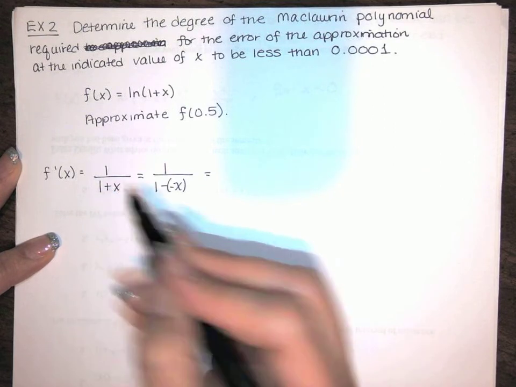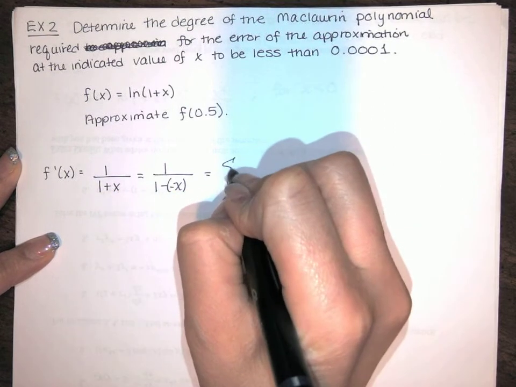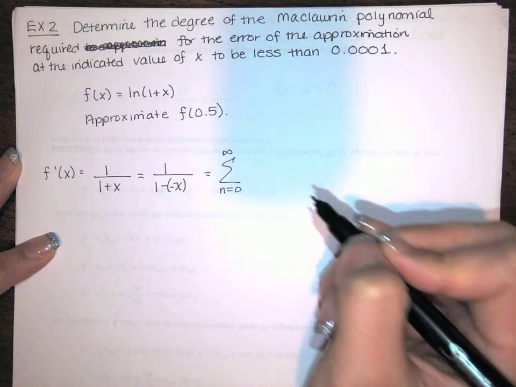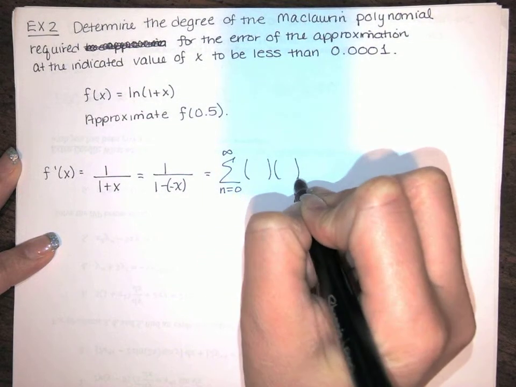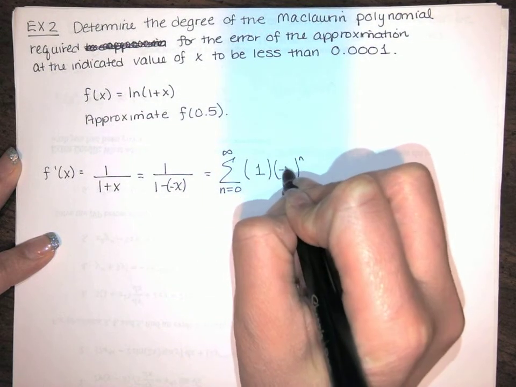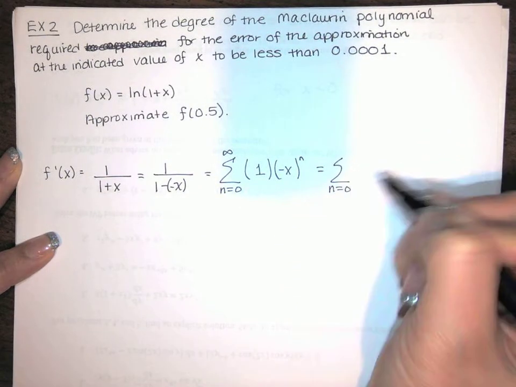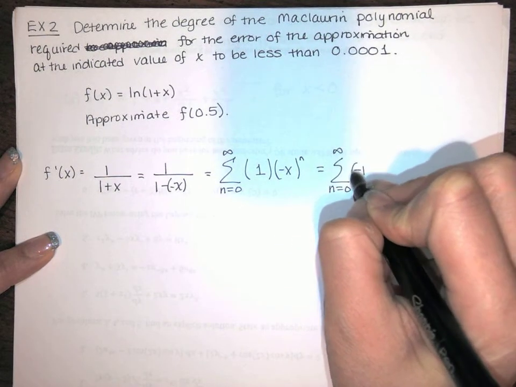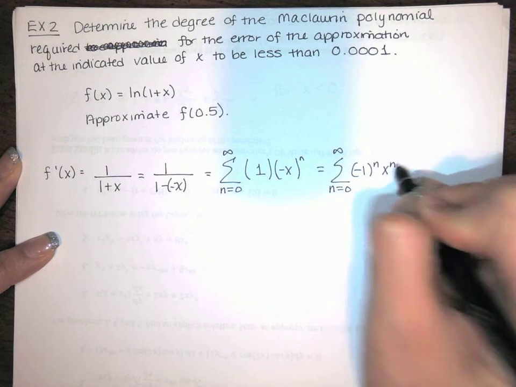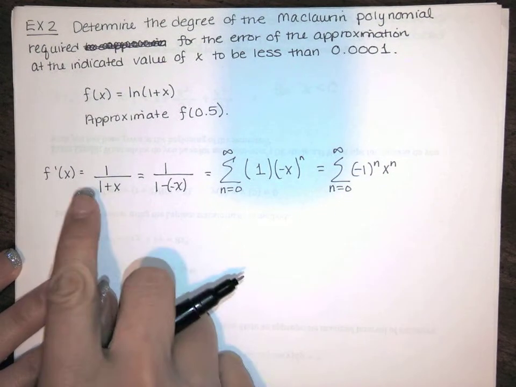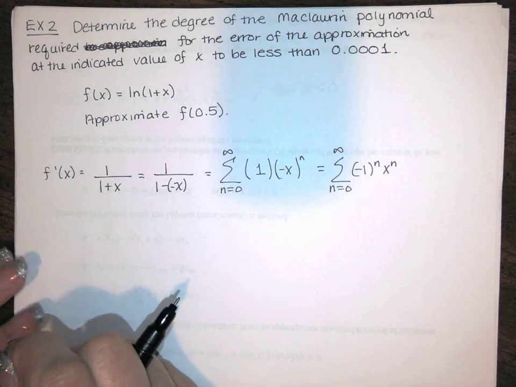Instead of adding x, I can subtract a negative x. So I can write this as the sum as n goes from 0 to infinity of a times r to the n. A is 1, r is negative x. So this is the sum as n goes from 0 to infinity of negative 1 to the n times x to the n. Now that's the power series for the derivative of f.